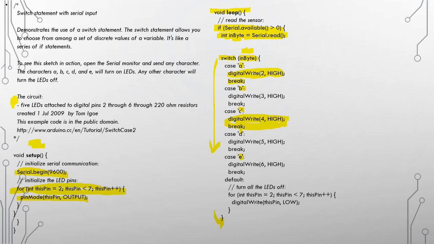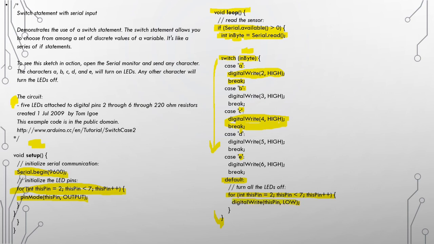And then we also have a default. So if somebody enters an incorrect value or something that is not one of these letters, then it turns all the LEDs off. And you can see we're also doing this with another for loop. So instead of using 5 different lines to digital write all the pins to low, we can just create a little for loop, because they're all in order.